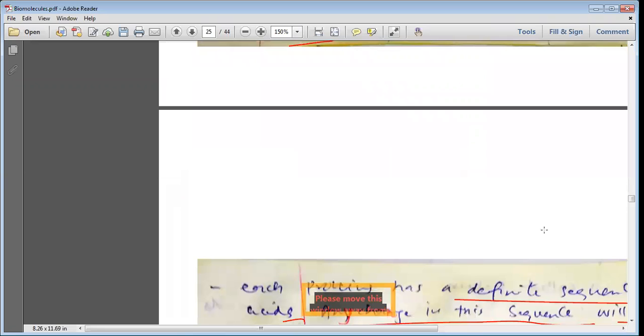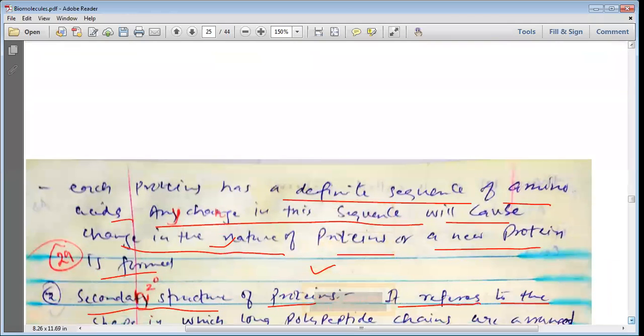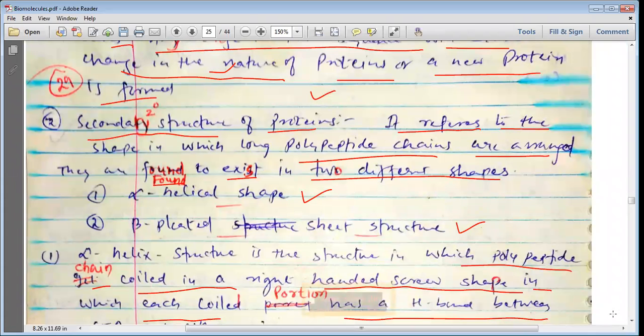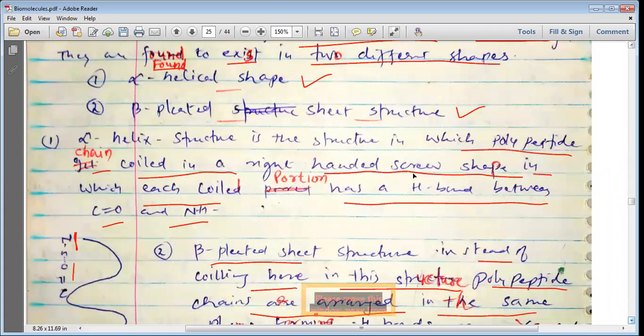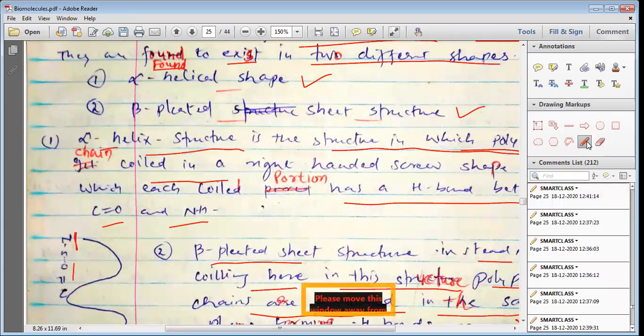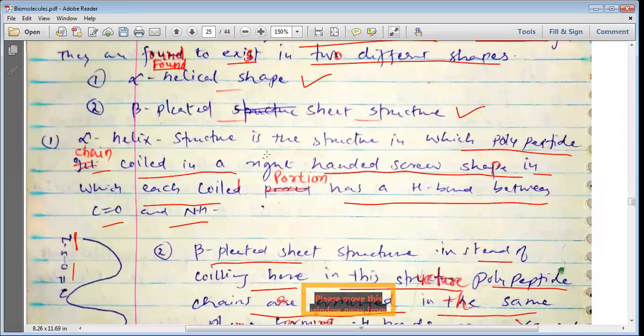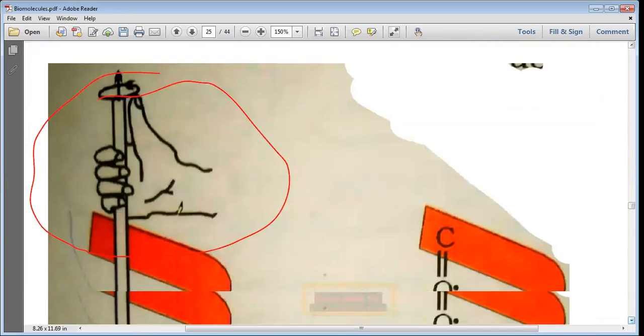Once again, in the alpha helix the proteins are coiled according to the right-handed screw rule. Please remember that we get the structure in a right-handed screw manner. So now, my dear students, you are very clear about the secondary structures of proteins.